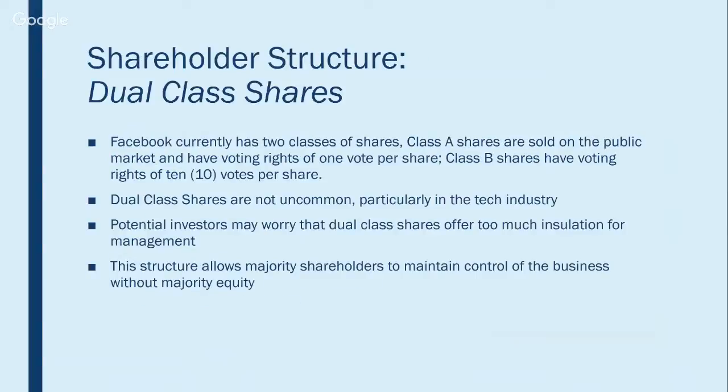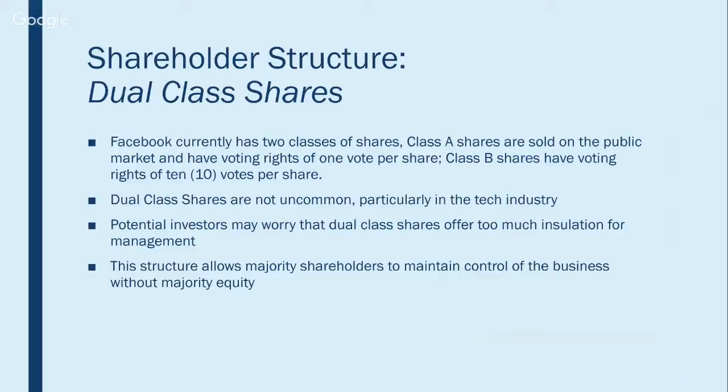For the shareholder structure, the first issue that we wanted to look at was dual class shares. Basically, Facebook currently has 2 classes of shares. Class A shares are sold to the public and have voting rights of 1 vote per share. Class B shares have voting rights of 10 votes per share.